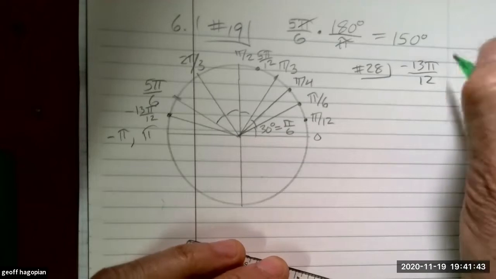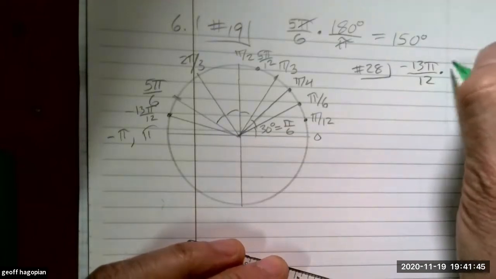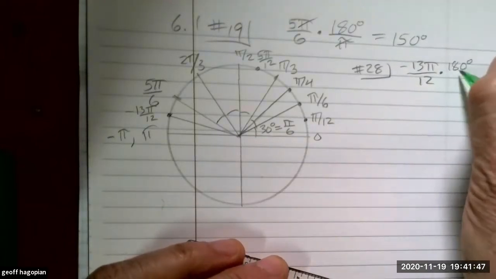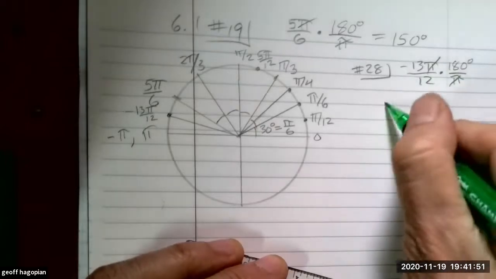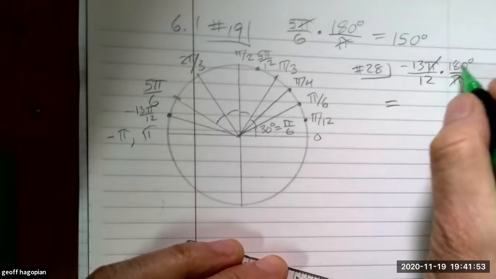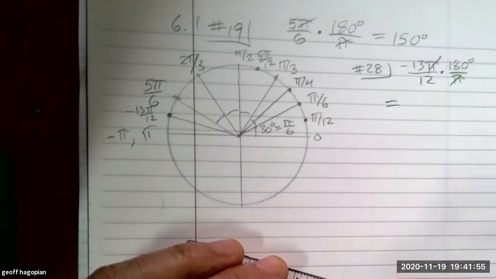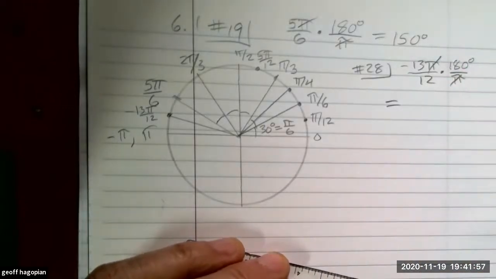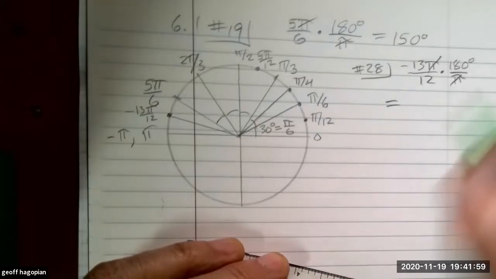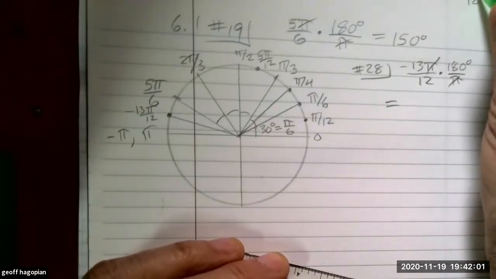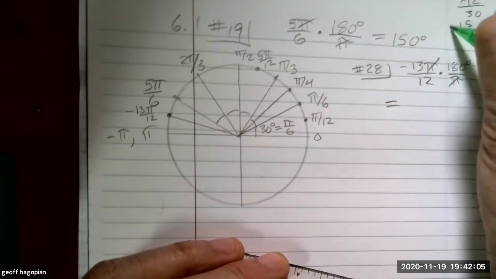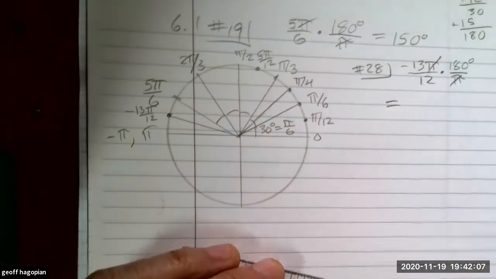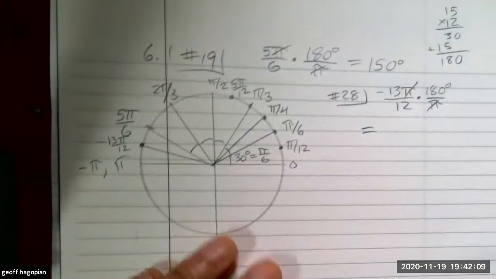But let's verify with our conversion factor. So 180 degrees divided by pi radians. The pi's cancel out. Does 12 go into 180? Yeah, 15 times, right? So we check that, 12 times 15, that's 30, 150, that's 180, right? Oh, sorry, a little bit off camera there.